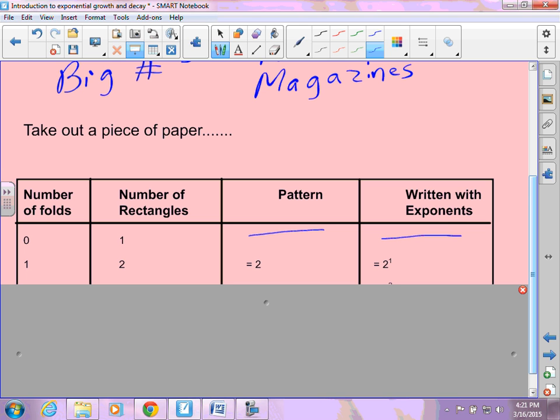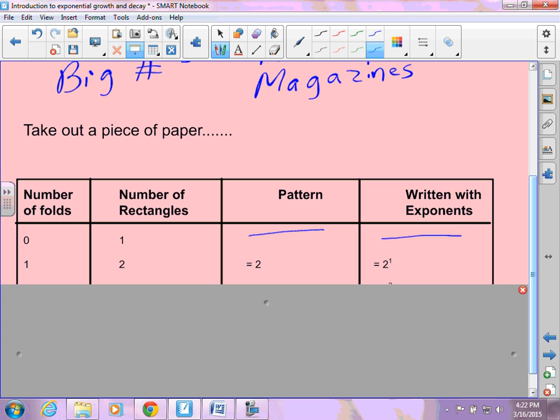Now I want you to take that piece of paper, and it doesn't matter if you fold it like a taco or a hot dog, just make a fold in it. Open it up, and you're going to notice that your paper's been cut into 2 rectangles. The pattern is 2, or I can write it as 2 to the first. You're going to kind of see the pattern as we go.